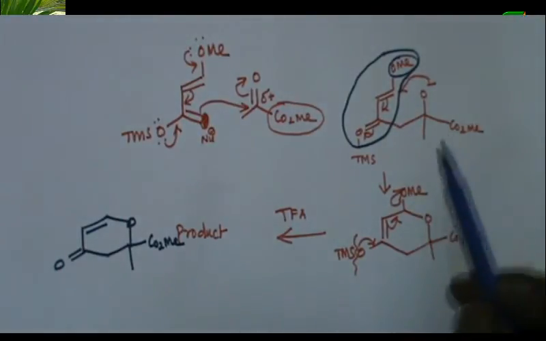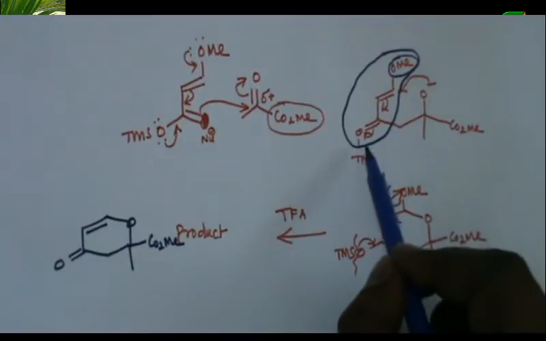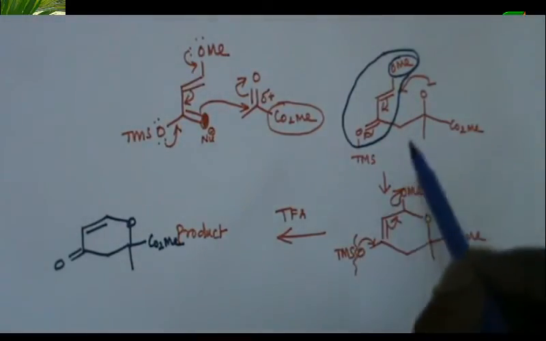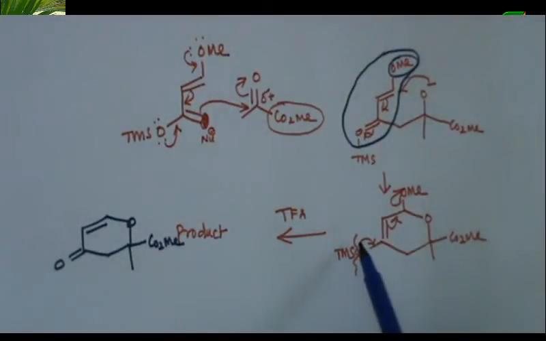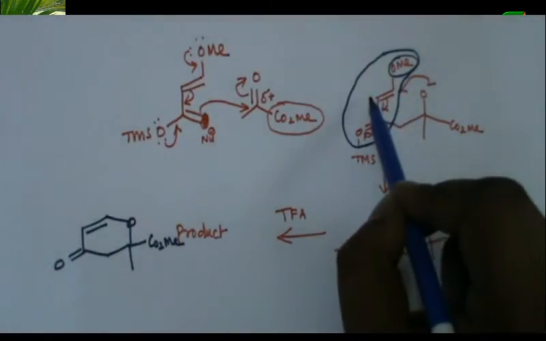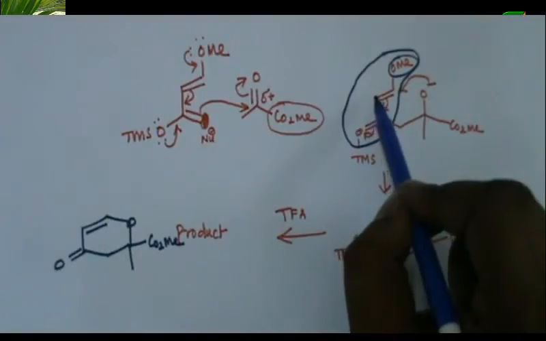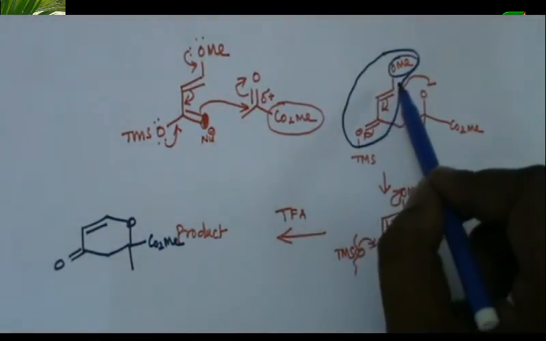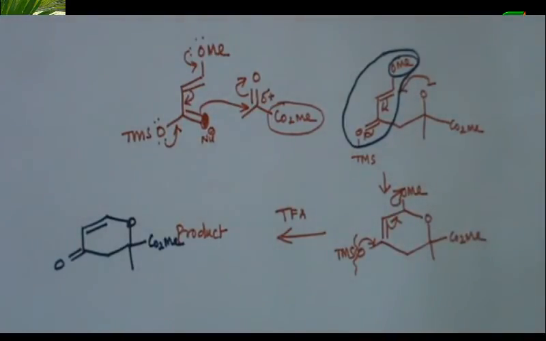One more thing, once it is hydrolyzed using trifluoroacetic acid, what we get is O minus. It gives enolate or enol form. Then the enol form eliminates OMe. OMe acts as leaving group.